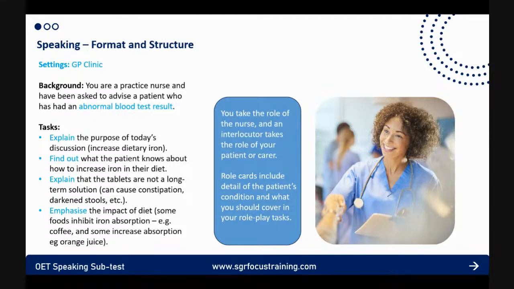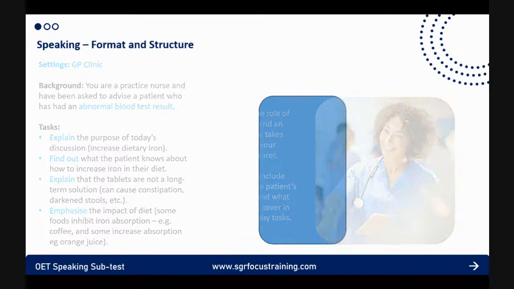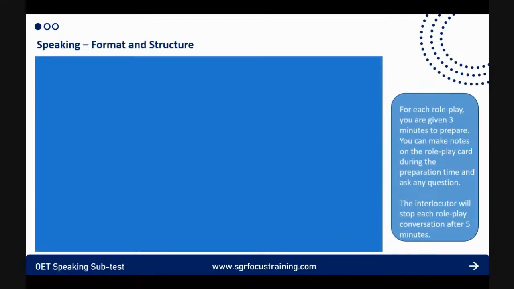You've only got 3 minutes to prepare. For each role play, that's role play 1 and role play 2, you will be given the role play card with a pen or pencil, and you will be given 3 minutes of preparation. Remember that you are able to make notes on the role play card. It's okay to write, to underline, to encircle during your preparation time, and you can ask any question as well.